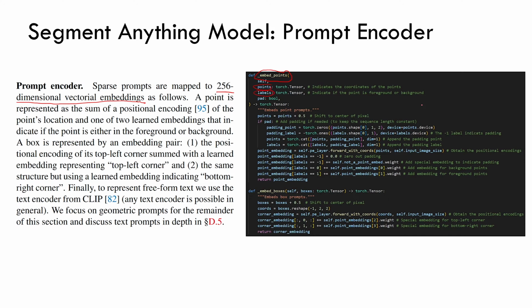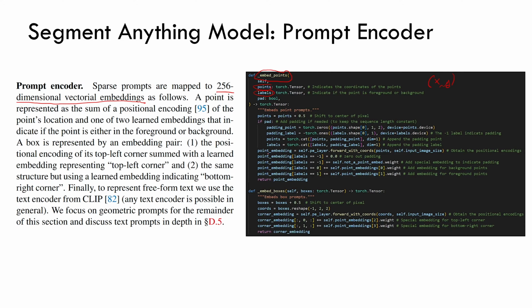The points are a sequence of x and y's, while the labels indicate if the point is additive, so we want the model to add something to our mask, or subtractive, we want the model to remove something. Here they are called foreground or background. Foreground means that we want the model to add something, background we want the model to remove something, just like we did with the example on the website before.